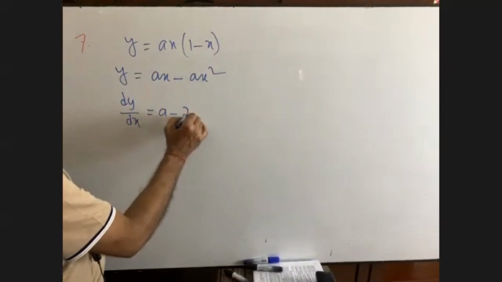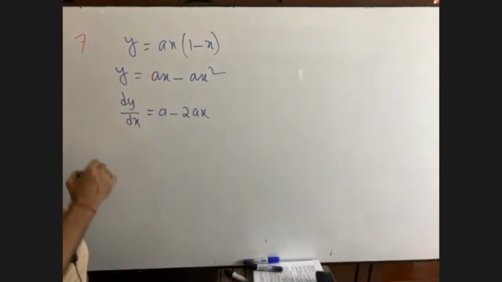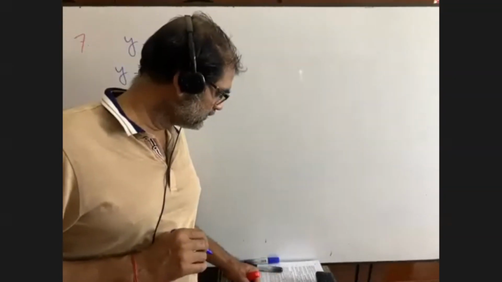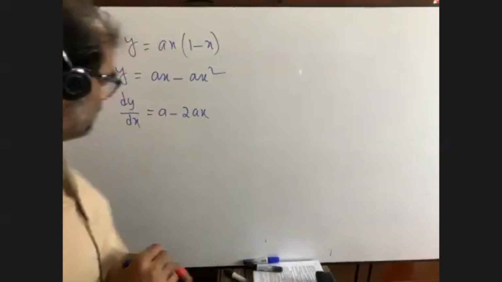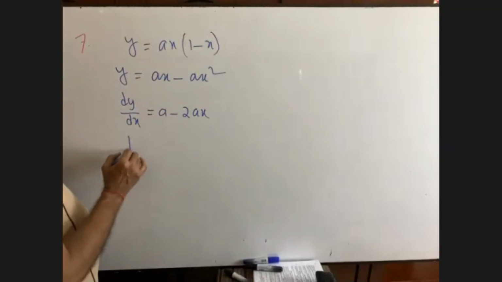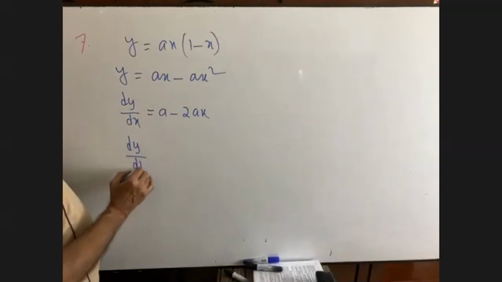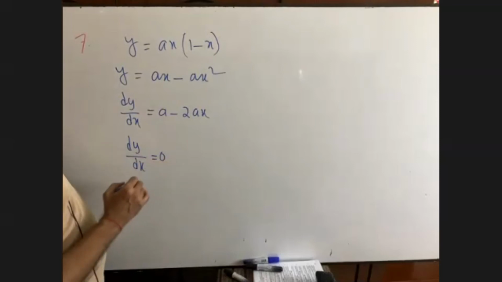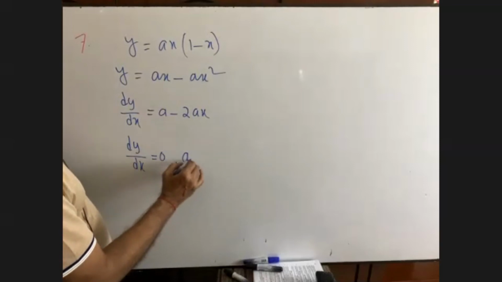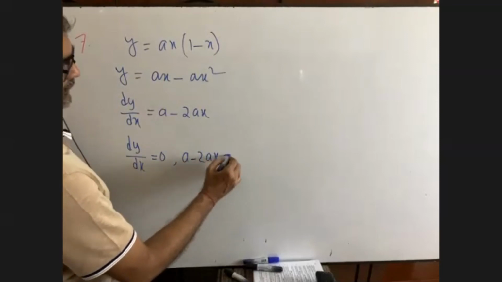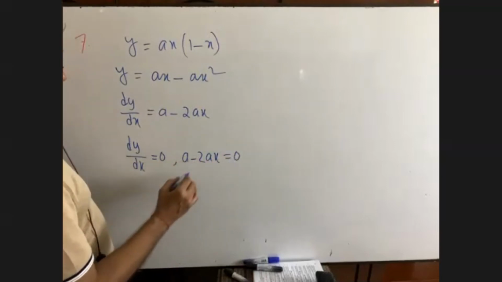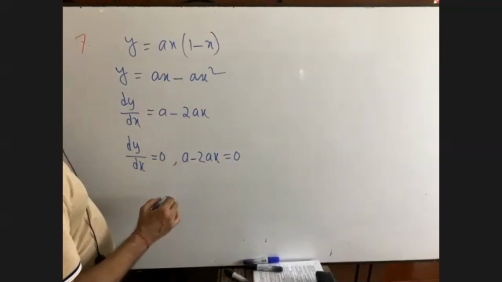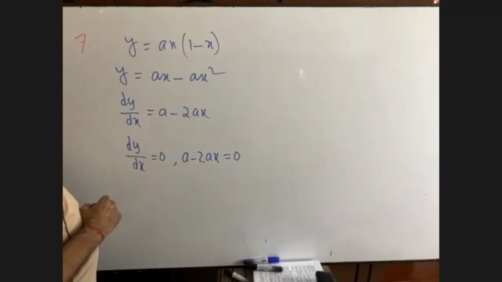A minus 2ax. Is it or not? Now it is told dy by dx equals to what? 0. That means a minus 2ax equals to 0. So we are getting what? Let me know.